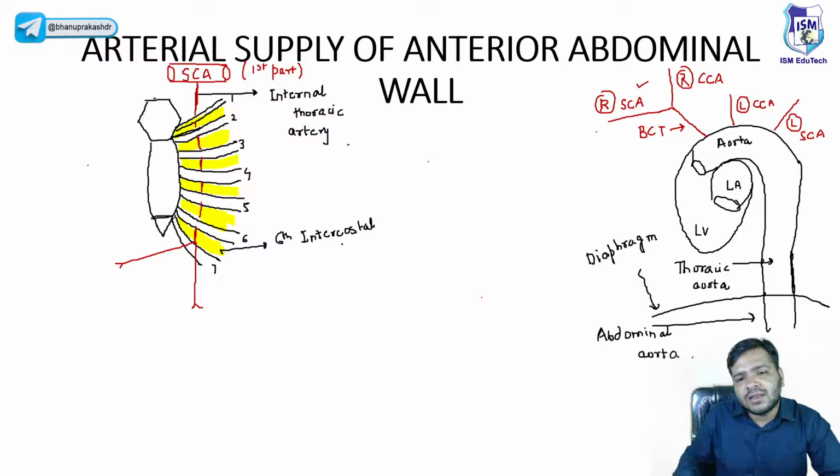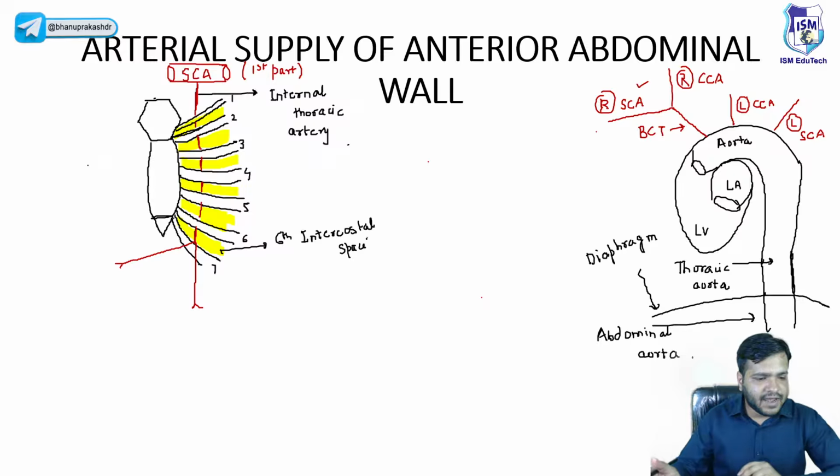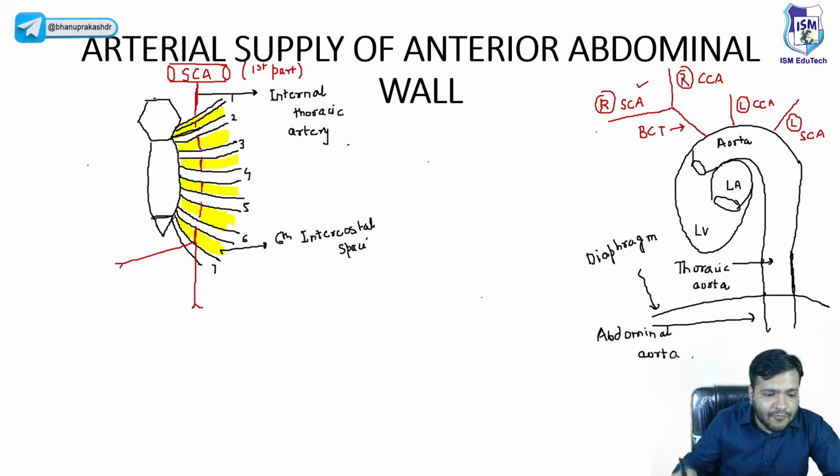Between the two cartilages, between the two ribs, is the intercostal space. We have the sixth intercostal space over here, and it is the place where this artery is divided into two branches. One branch is called the superior epigastric artery.